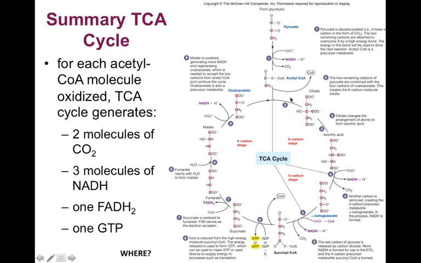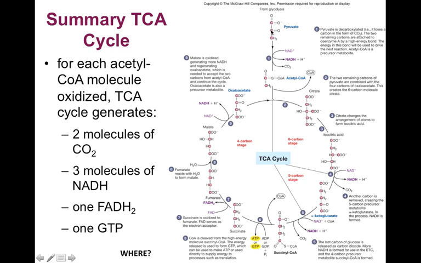Before it gets to the cycle, pyruvate is decarboxylated, so there's a removal of carbon dioxide from it. In this process, you get the reduction of another NAD to NADH, and this would happen twice per glucose molecule.